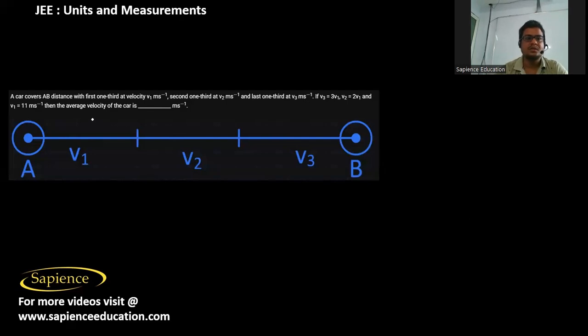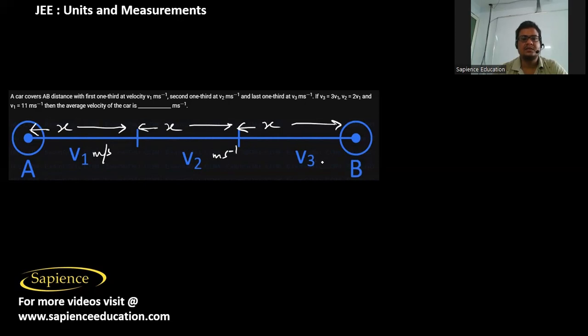Then here it is told a car covers AB distance with the first 1/3 at velocity v1 meter per second. Means it covers a distance, let's say x, with v1 meter per second, and the second 1/3 distance, that is x, at v2 meter per second, and the last 1/3 distance x at v3 meter per second.